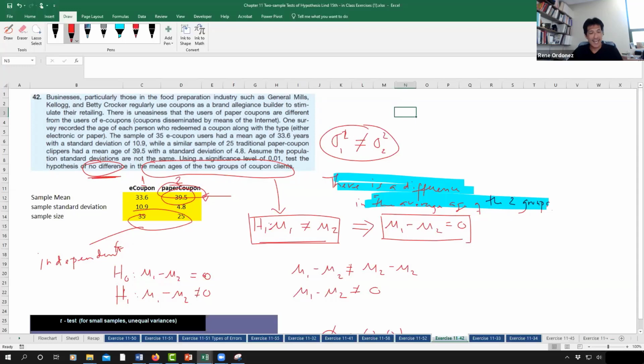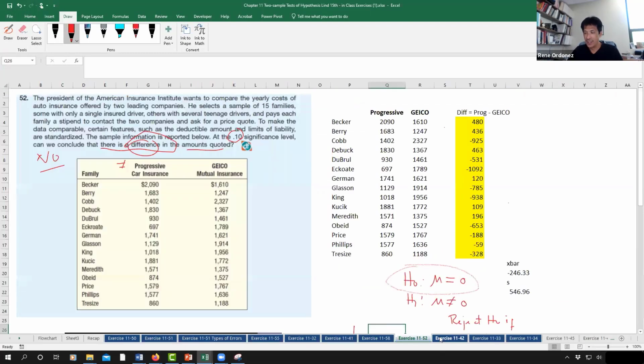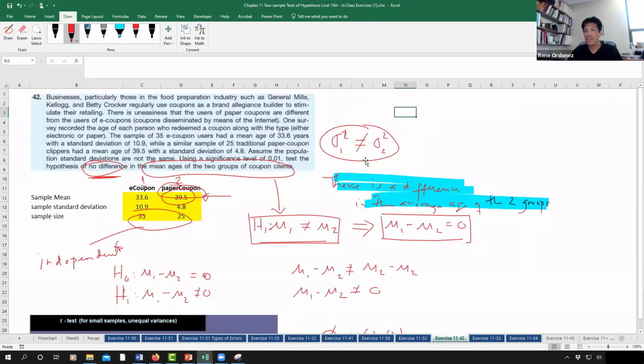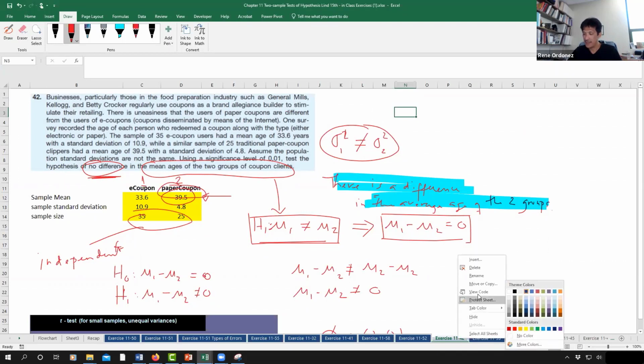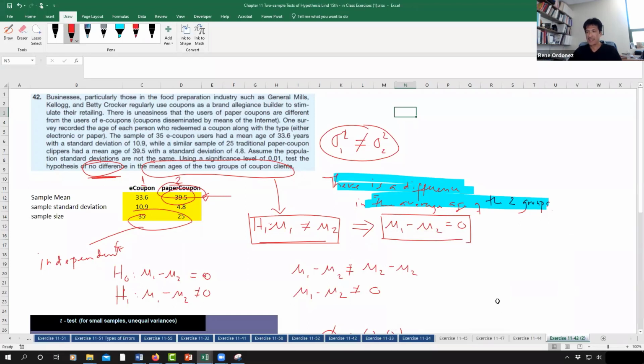So we can carry out a test of comparison of the variances to determine whether this assumption is justified. Let me just copy this and paste that towards the end. All right, so this one is a variance test.